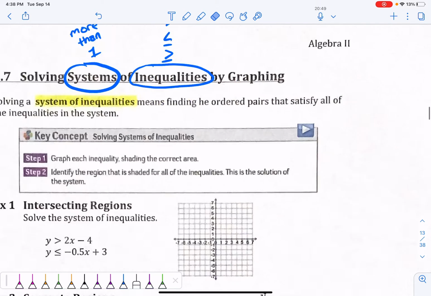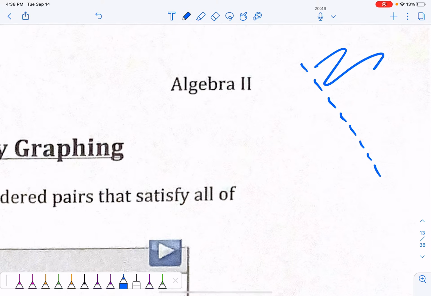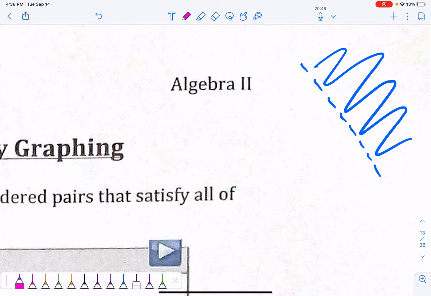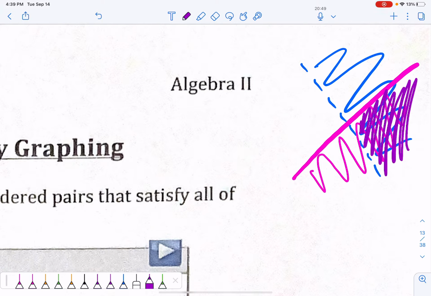For example, we might have one line that is dotted, and we shade above it. Then we'll have a second line, maybe solid, and we shade below it. The solution is going to be the region that's double shaded, this region over here, and that's really what we're looking at.